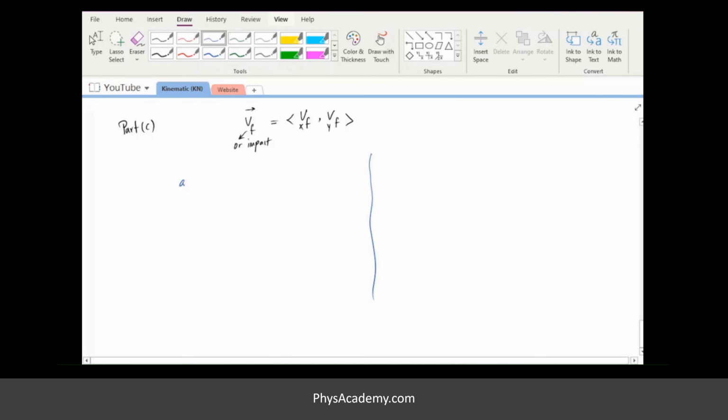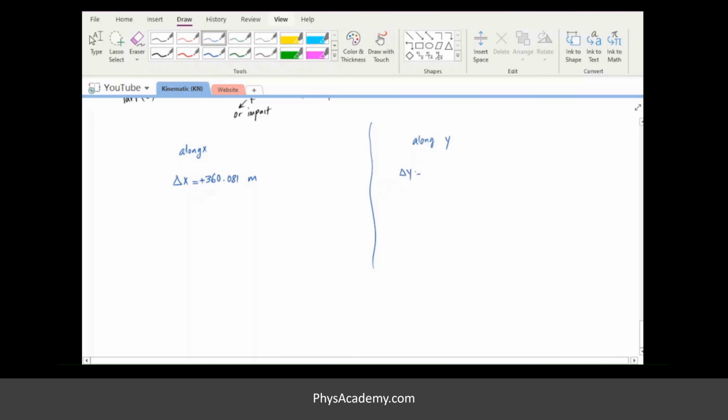And again, having the x and y axis variables side by side, so far as we know, delta x is equal to 360.081 meters, delta y is equal to negative 100 meters.